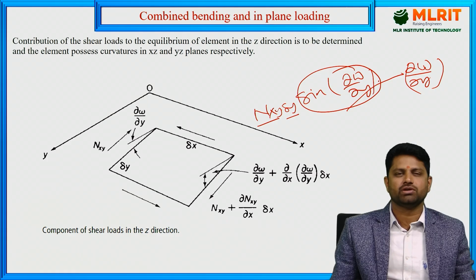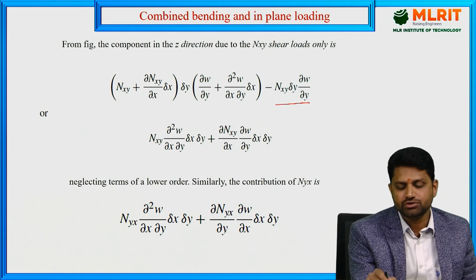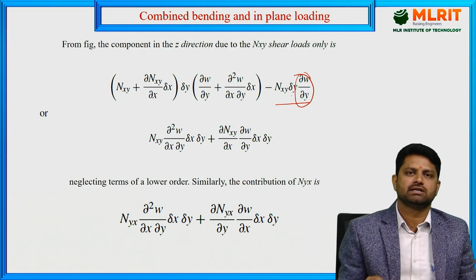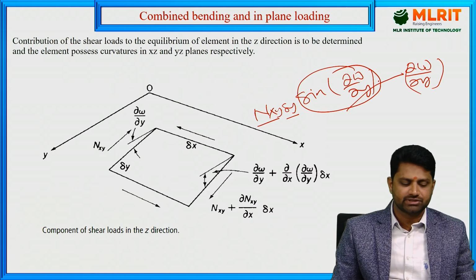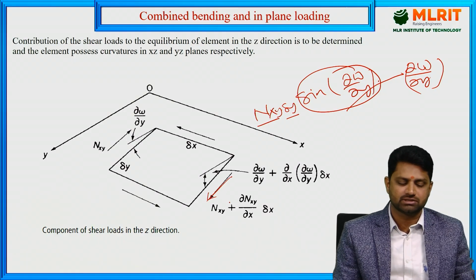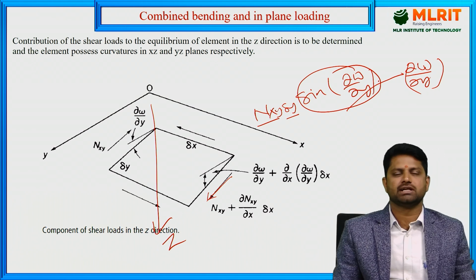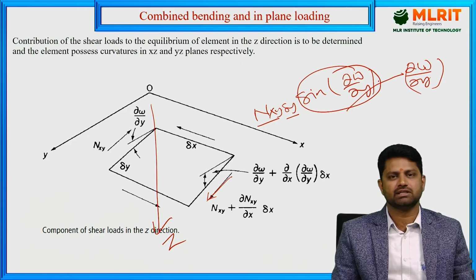In the equation you will see next, it is written directly: Nxy into delta y, and sine of ∂w/∂y is written as ∂w/∂y itself. Similarly, we consider this in the negative direction, and the positive increment, because the z axis is vertically acting downwards. So all the downward components we take with positive signs, and the loads opposite to positive z direction we consider as negative.